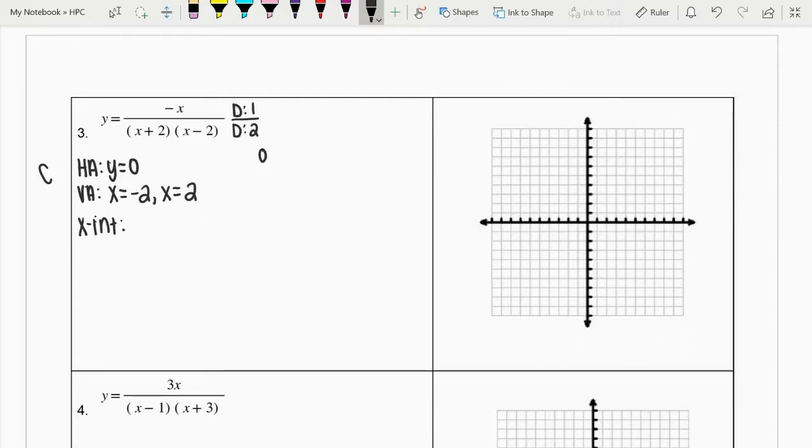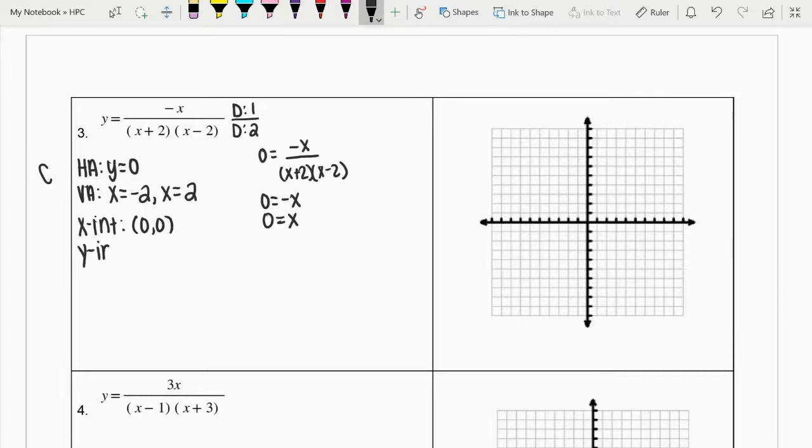So I have 0 is equal to -x over (x plus 2)(x minus 2). If I multiply both sides by the denominator, I'm going to get 0 is equal to -x. So that just means 0 equals x. So I will have an x-intercept at 0, 0.